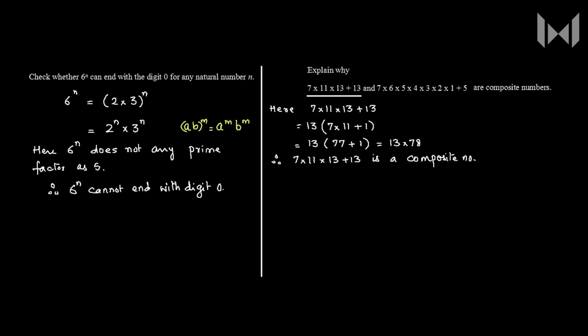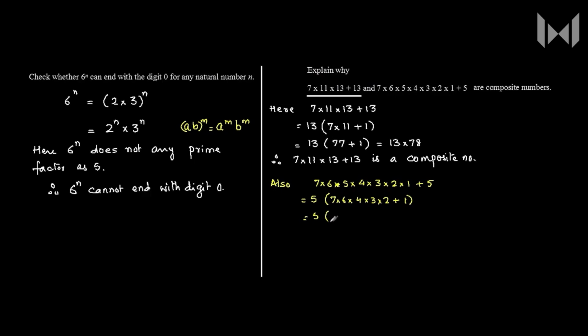In a similar way, you can also talk about the next one. Also, 7 into 6 plus 5 into 4 into 3 into 2 into 1 plus 5. Now we take 5 common from both of them: 7 into 6 into 4 into 3 into 2 plus 1.